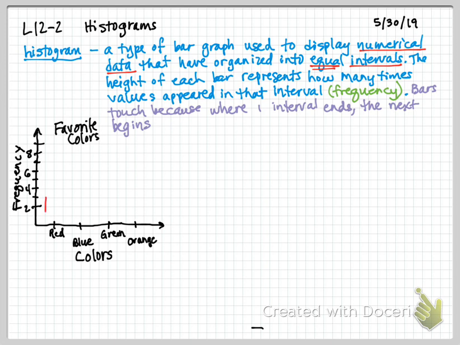So let's go up to here, and that's our red, went up to 3, and our blue is going to go up to 5. So 1, 2, 3, 4, 5. And then our green, sad little green, he's only at 1. And last was the orange, and orange went up to a kind of pathetic 2.